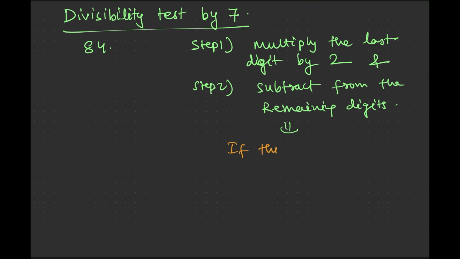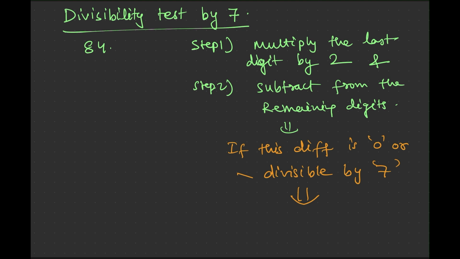If this difference is 0 or divisible by 7, then our number will be divisible by 7.